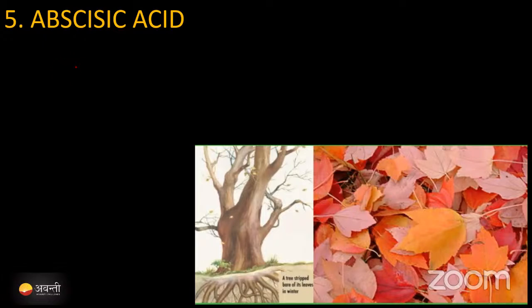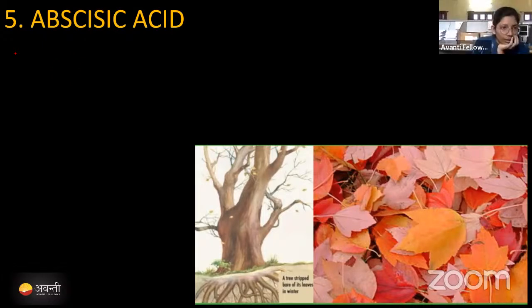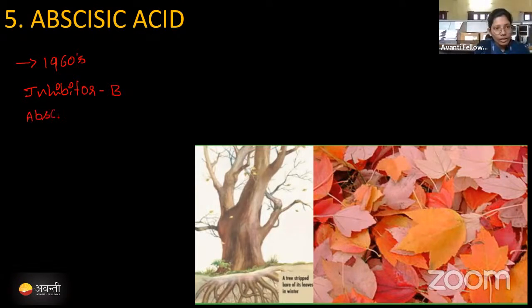Now the last one, abscisic acid, we will study. In the 1960s, we got to know there are 3 growth inhibitors. Those 3 growth inhibitors are inhibitor B, abscisin 2, and dormin.